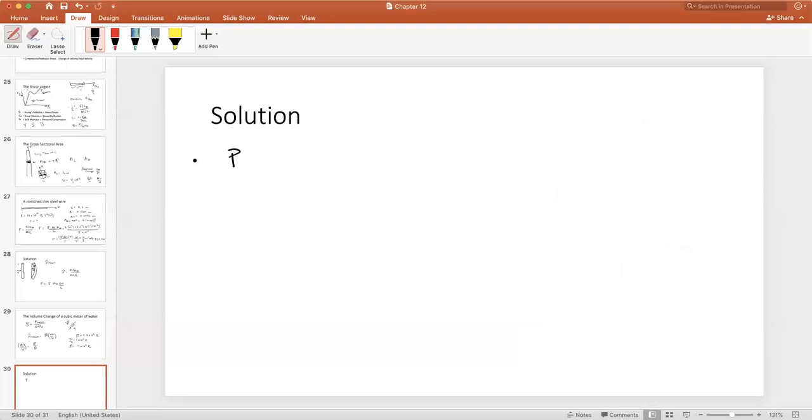So delta V over V for the pressure at sea level over beta. Pressure at sea level, we said, was 1 times 10 to the 5th. And the bulk modulus of water is 2.2 times 10 to the 9th. So this is 1 divided by 2.2 times 10 to the minus 4.